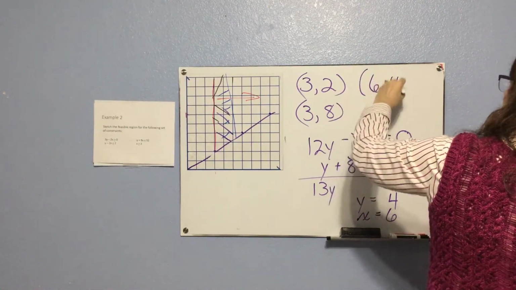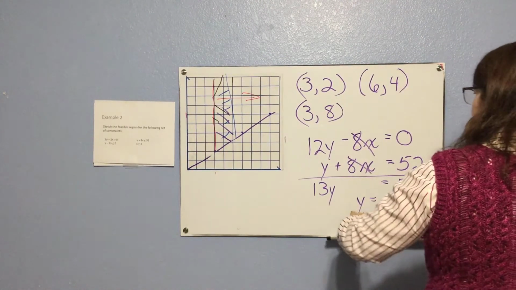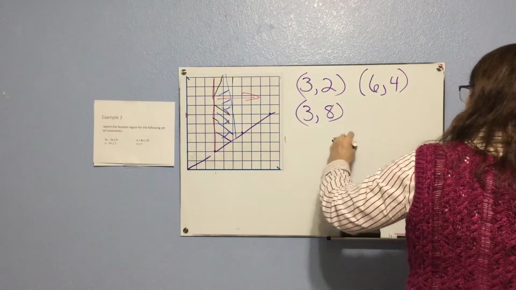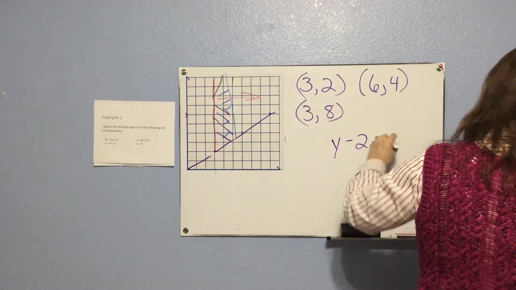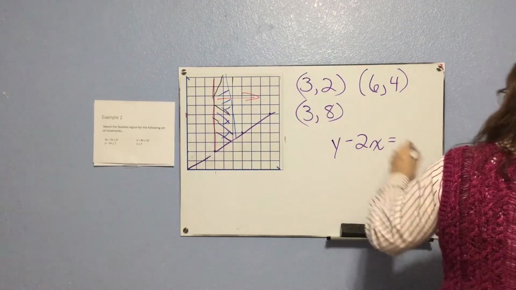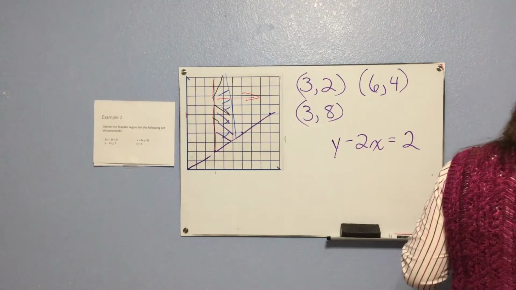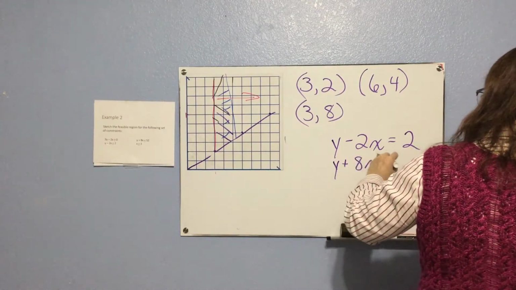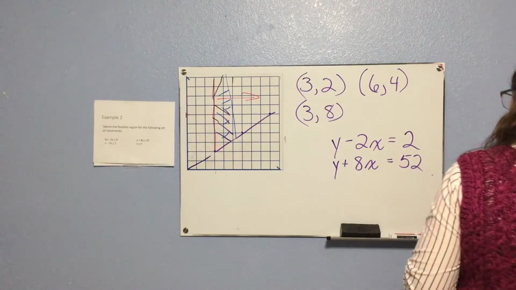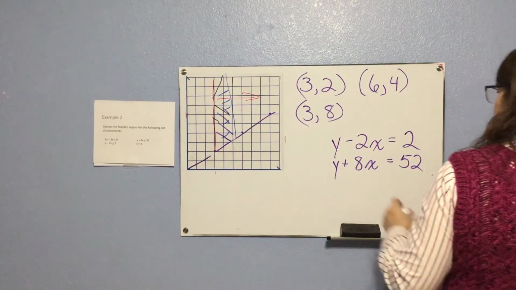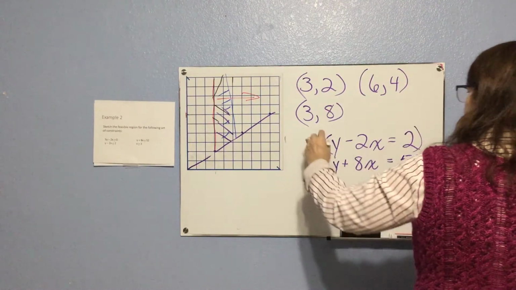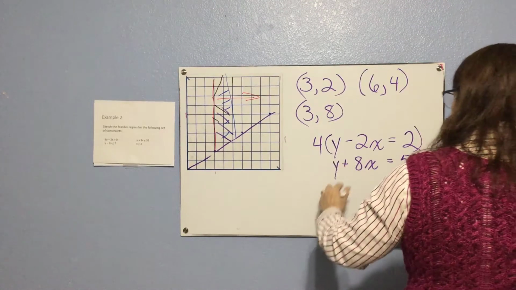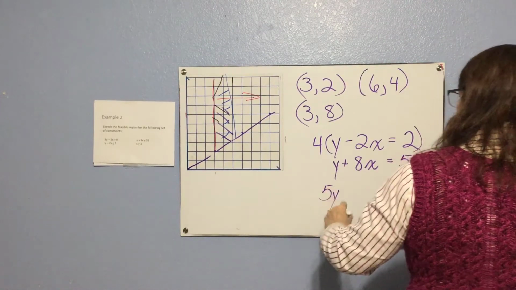6, 4. And then the last one, we need to look at y minus 2x equals 2, and y plus 8x equals 52. So again, we're going to multiply by 4. So now I have 4y, and y is going to give me 5y.